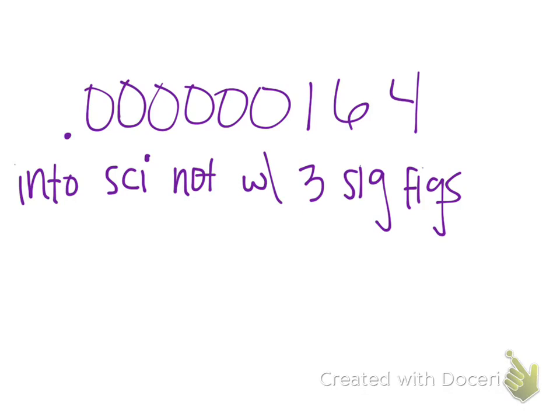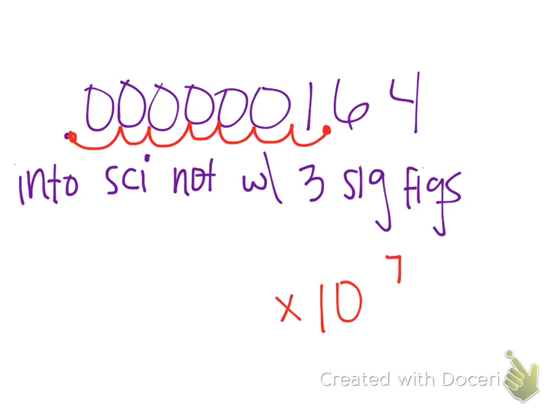Between the 1 and the 6, right? That would give me a number between 1 and 10. That's how we're determining that. And we have to move it 1, 2, 3, 4, 5, 6, 7 places to get back to our original. So it'd be times 10 to the 7th. Is it to the positive 7th or negative 7th? Negative, because it's less than 1. That just leaves us with 1.64. Does that make sense?